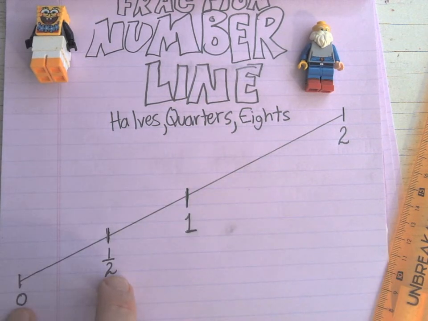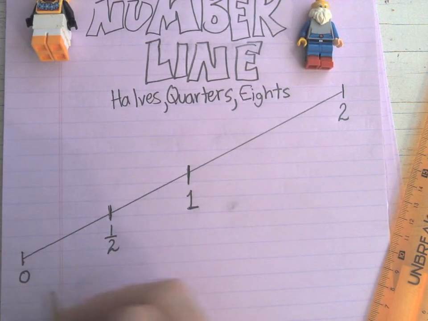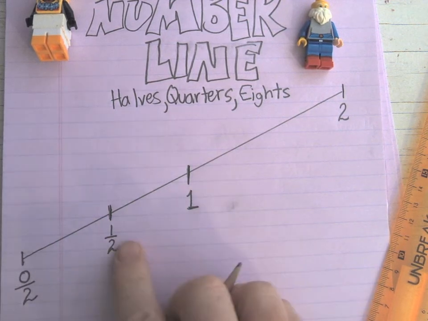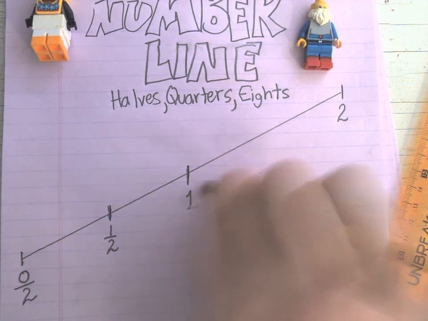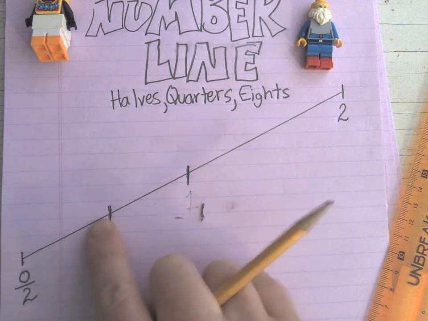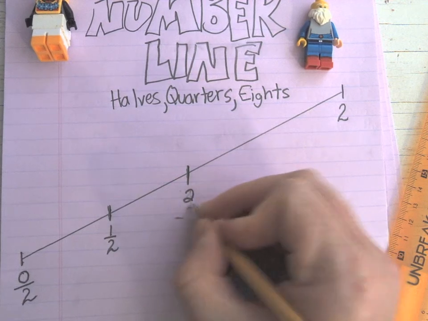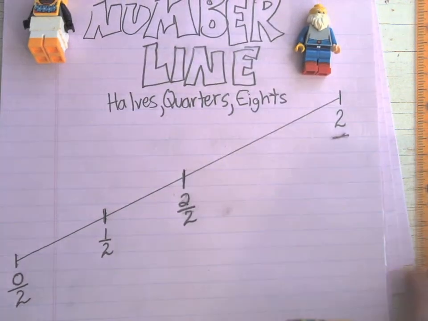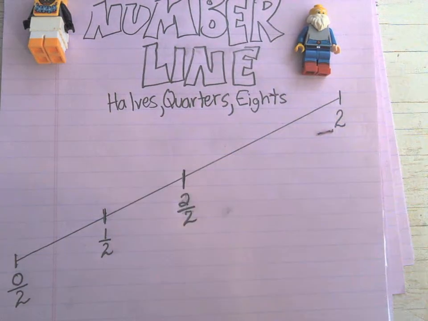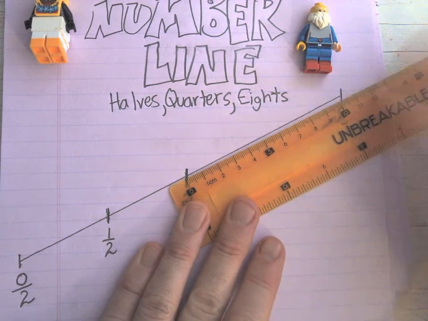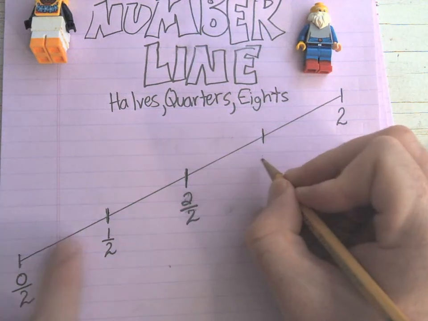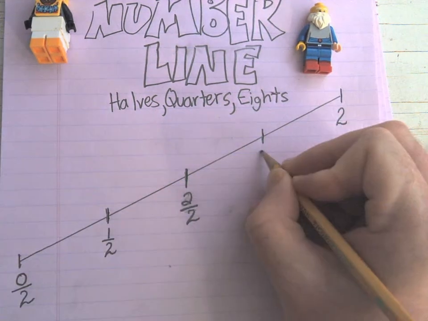So if we put halves on here, here is 0 out of 2. Here is 1 out of 2. This one here, so that's 1 half, 2 halves. So I'm going to change this to 2 over 2 now. And then if I go up another half, I should have 1, 2, 3 halves.